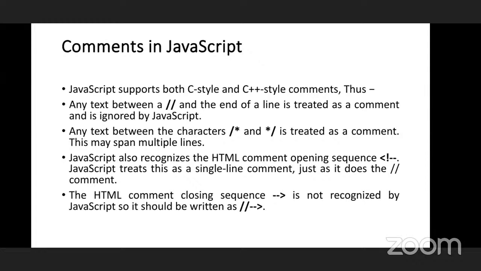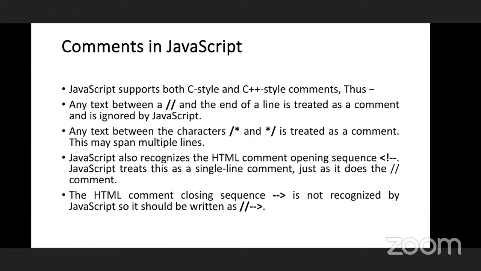And coming to comments in JavaScript, every programming language has the comments feature. If you want to write some information about your code, you can go for comments. In C language, we use double forward slashes for a single line comment. If you want to write comments over multiple lines, you can use forward slash star and end with star forward slash.